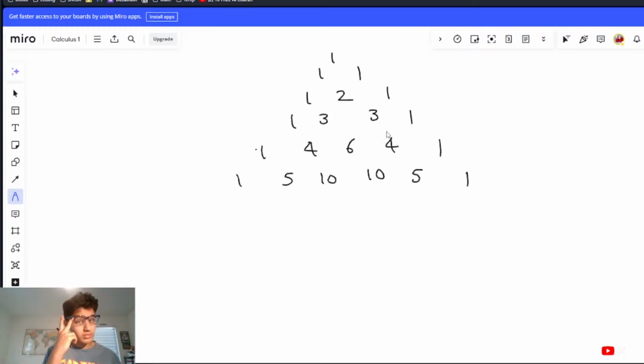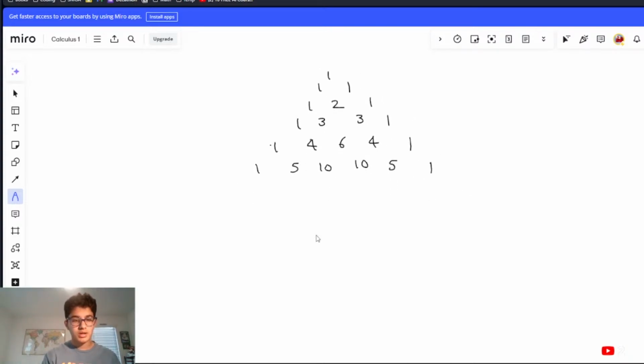Wait, wait. The middle number will always be even, I think. Like 1 2 6. Then it'll be 20 after that. No, there has to be some fast way, right?